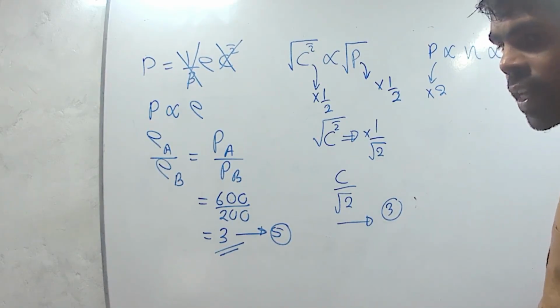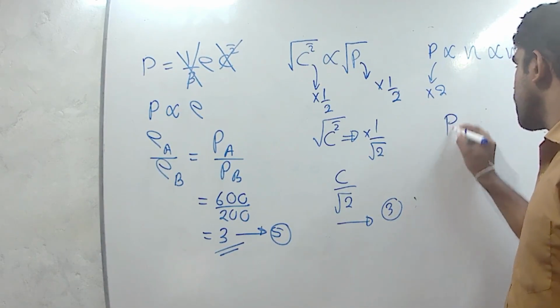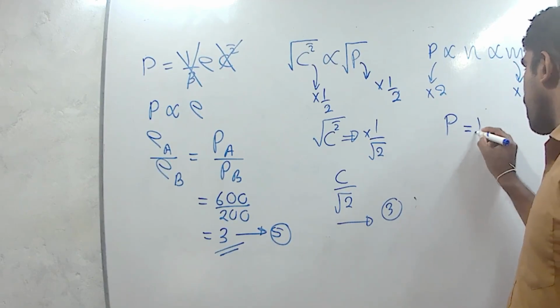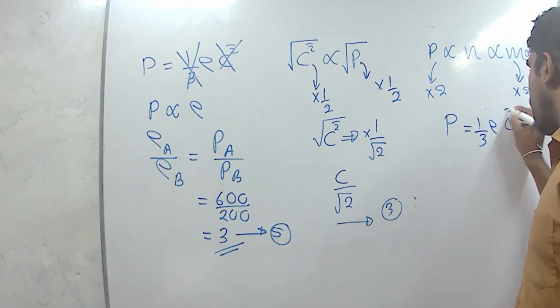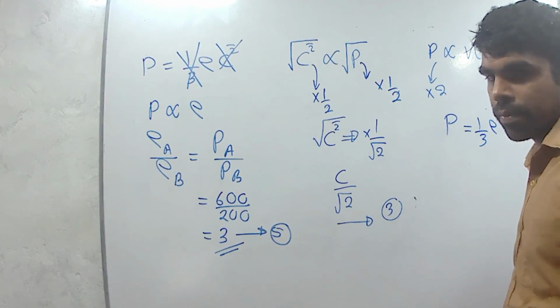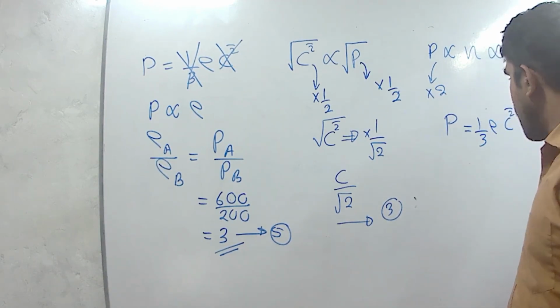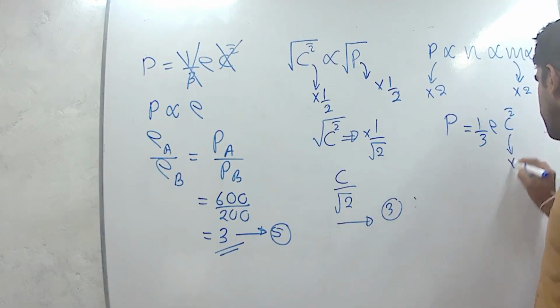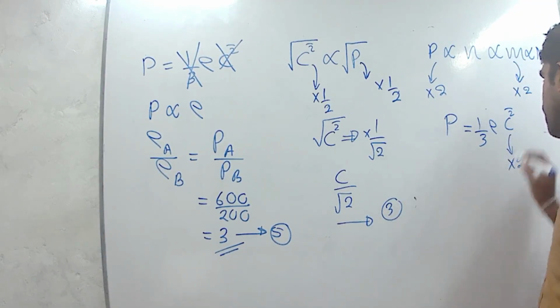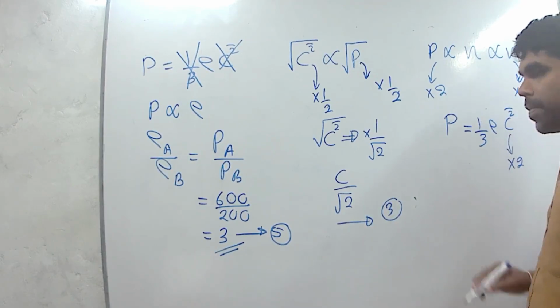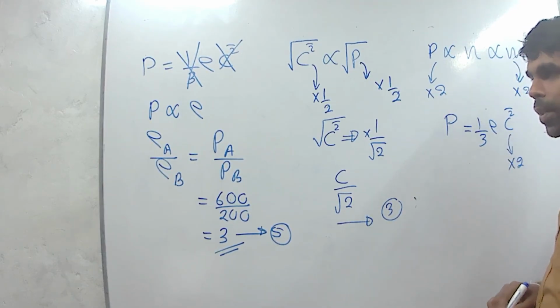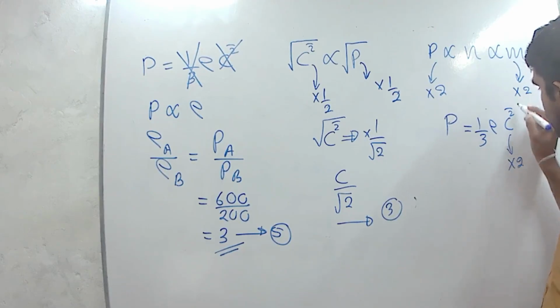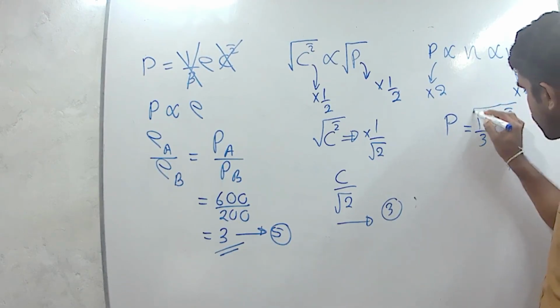Then, when considering the second answer, we know that P equals 1 over 3 rho c square bar. When increasing root mean squared velocity, when it is 2 times, root mean squared velocity means square root of this one.